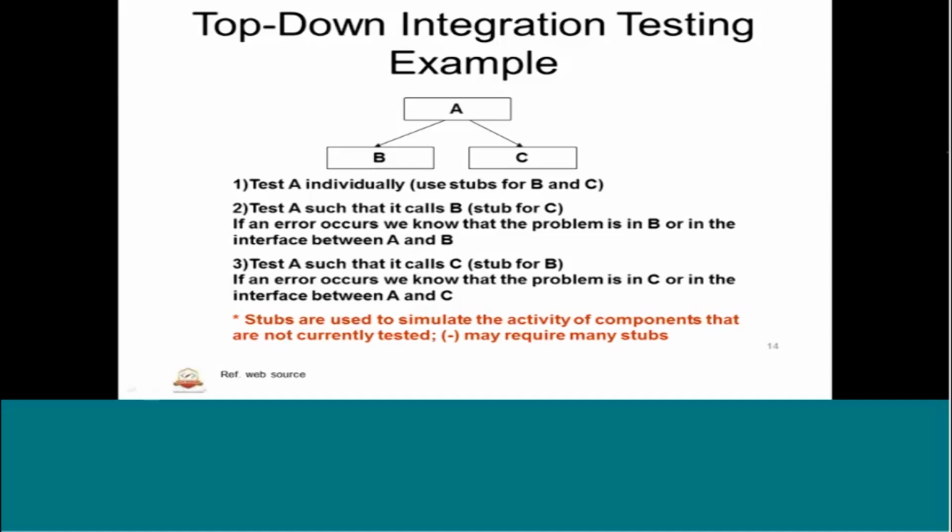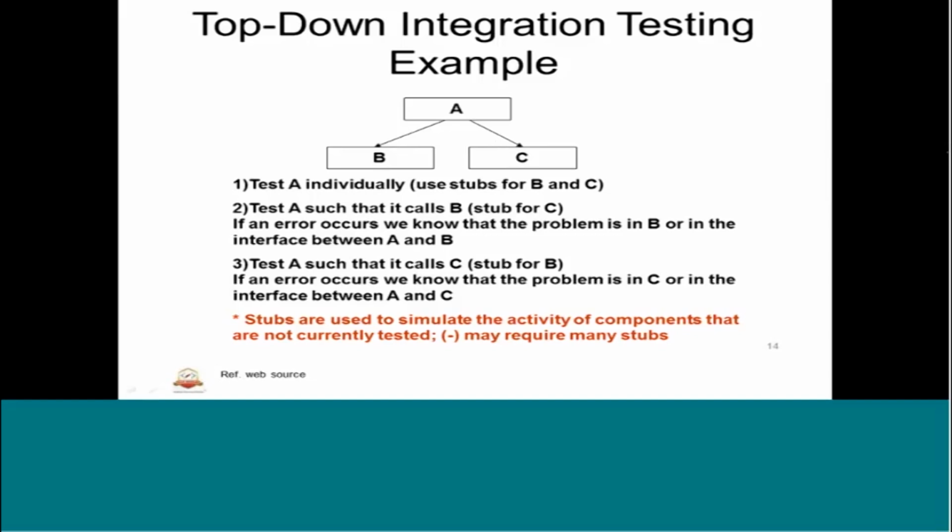Similarly, the third step is test A such that it calls C with B stubbed, and if there is an error, we know that the problem is in C or in the interface between A and C, in terms of calling mechanism or whatever it could be.